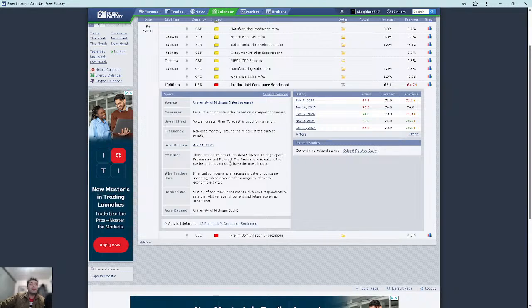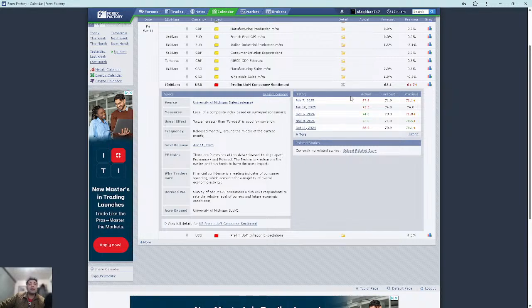The preliminary release is the earlier one and thus tends to have the most impact. Financial confidence is a leading indicator for consumer spending, which accounts for the majority of overall economic activity. So financial confidence is really important. If there is financial confidence in the market, it shows that the health of the economy is good.